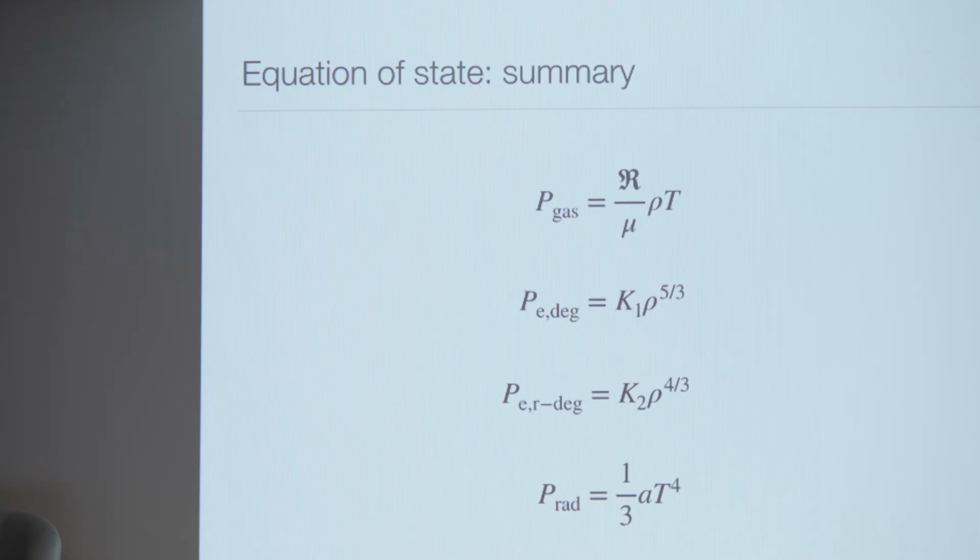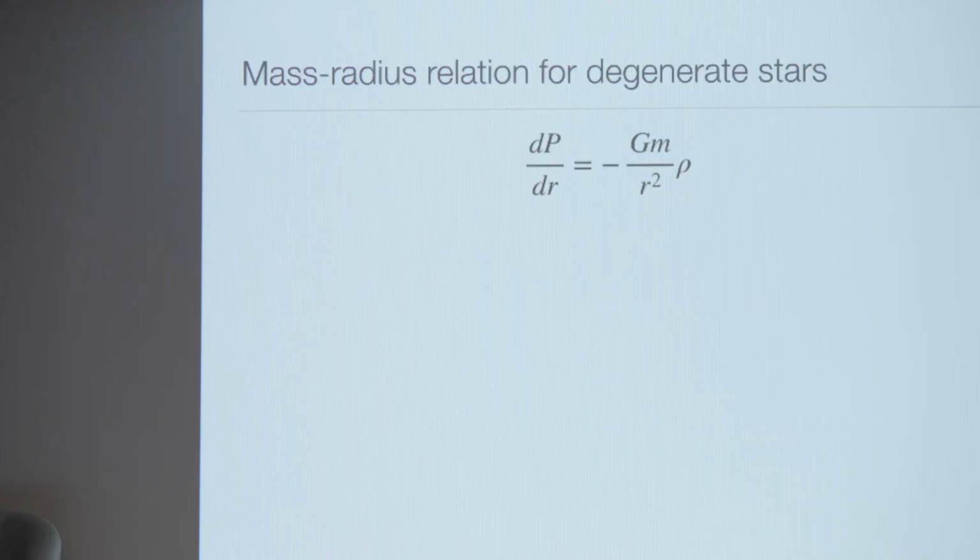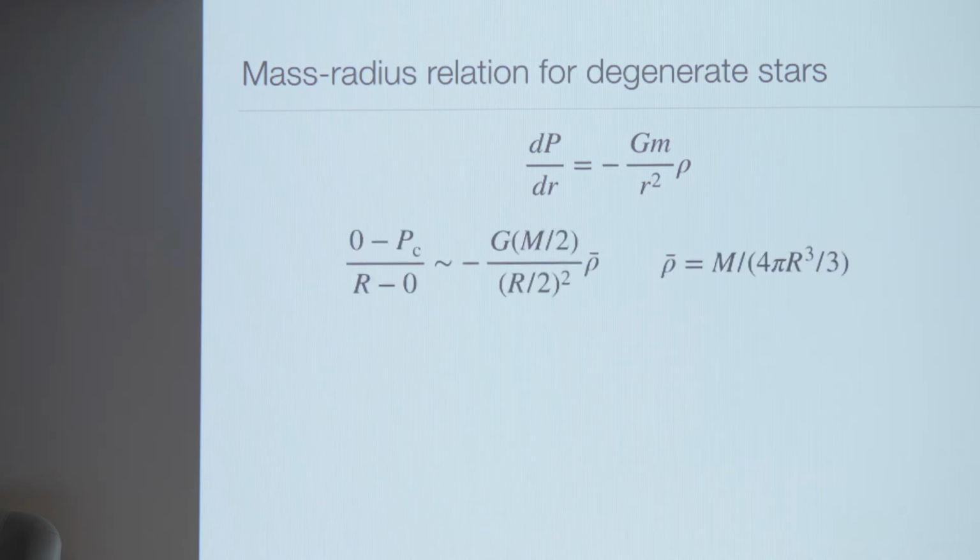So based on these equations of state, we can think about some properties of stars. Let's take the equation which we got earlier in this lecture, the relation from the equation of motion. Very roughly, we can do this on a star.